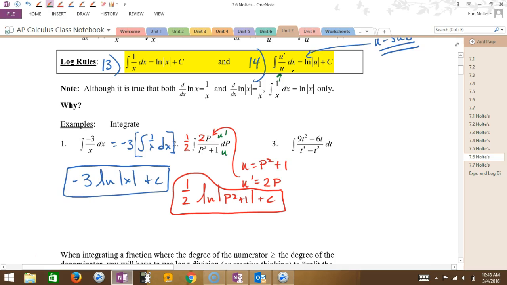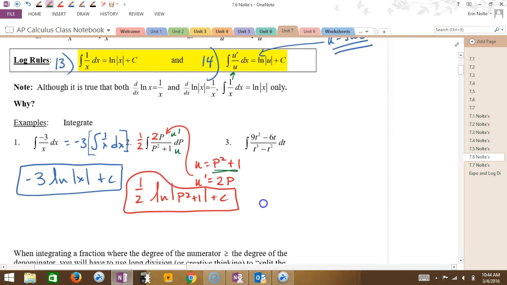All I do is integrate it, and it becomes the natural log of the absolute value of u, which my u piece is, times the 1/2 part. Do you understand how the derivative of p squared plus 1 is 2p? If I compare that to the original, there's only a p, so I have to make it become 2p. I had to multiply by 2 and undo it, the top and bottom.